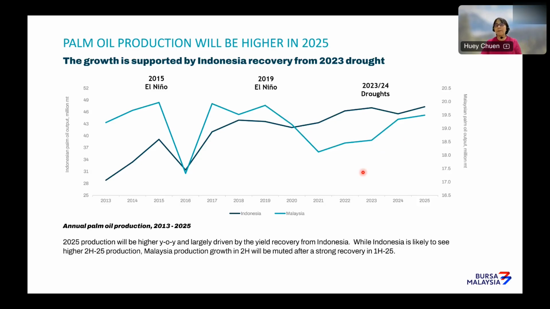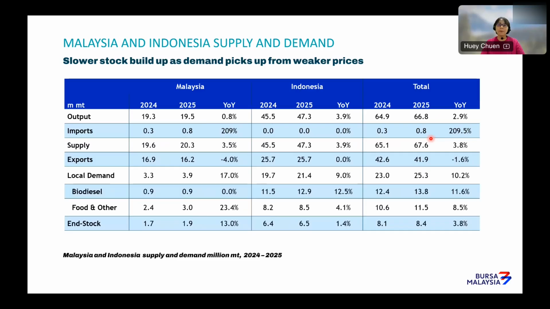As a result, this labour is going to do better maintenance and better harvesting. So this efficiency actually overrides some of the impact, and you can see there will be a production growth here. In 2025, both countries are seeing a slight growth, quite good production in both Malaysia and Indonesia.